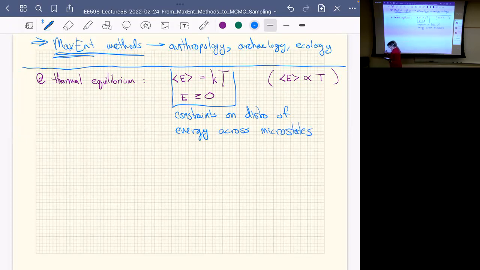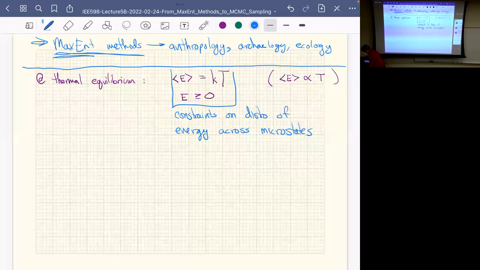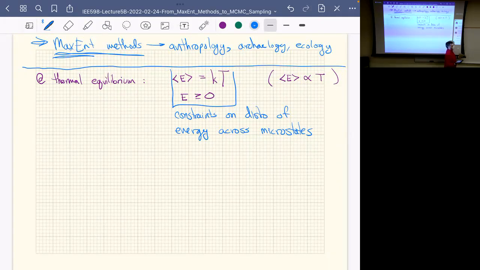Okay, and so what this allows me to do is come up with an ability to say, when I'm at a particular microstate, how likely is it that I'm going to move to another microstate? Because I will know that at thermal equilibrium, I can ask, how likely is it that I'm going to have enough energy to jump from one level to another?